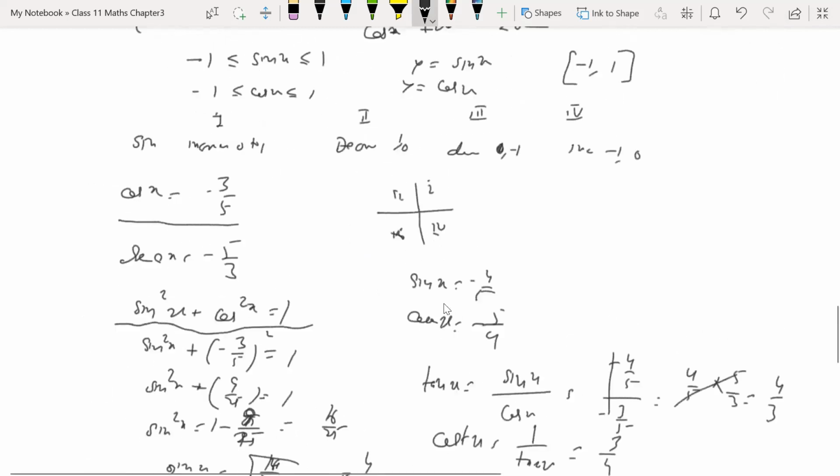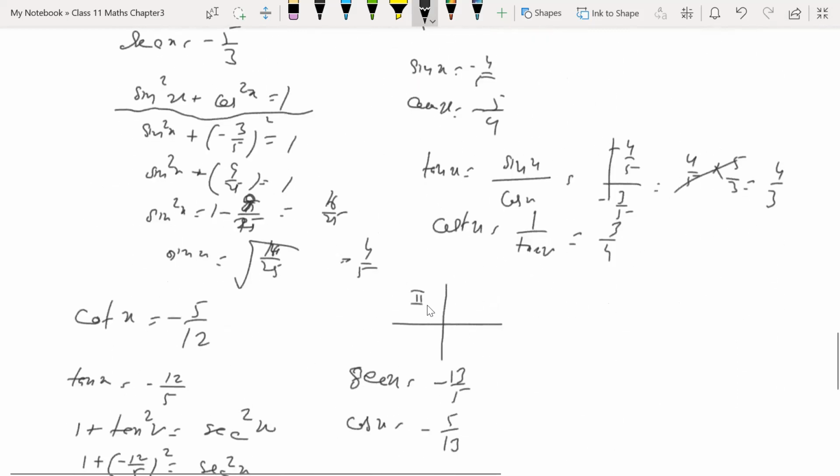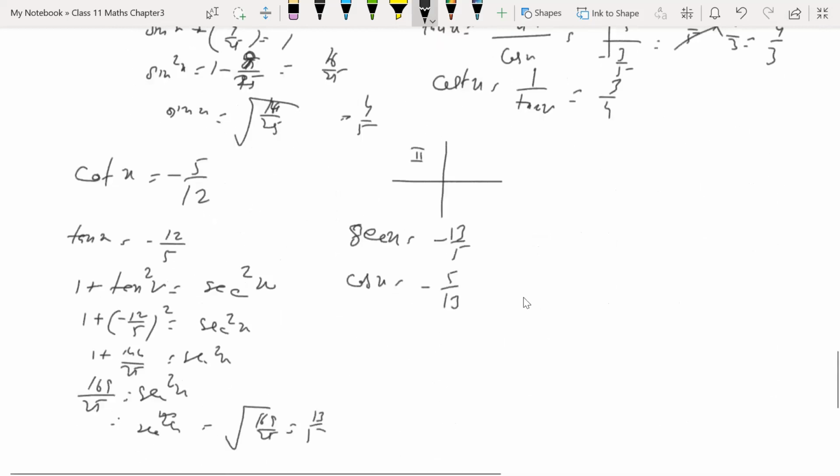But in the second quadrant, only sin x is positive. Now, what is the sine? We have the tangent. Tangent x is sin x upon cos x, so sin x is tangent x into cos x.